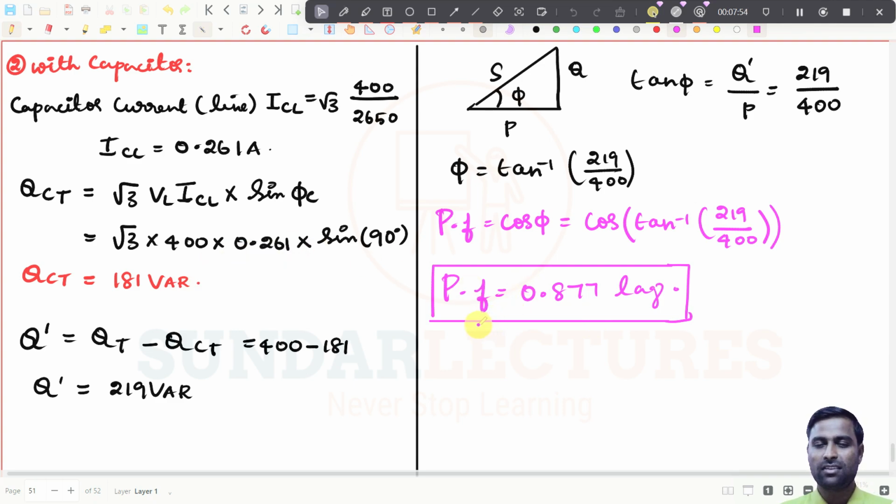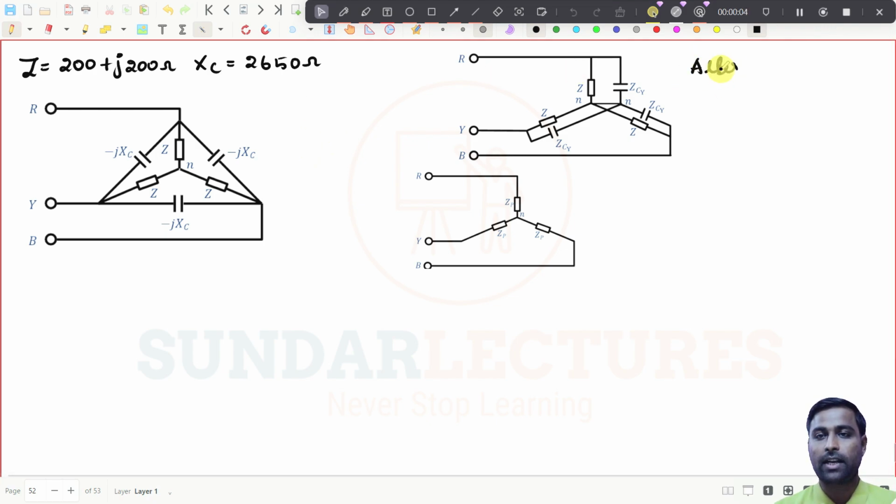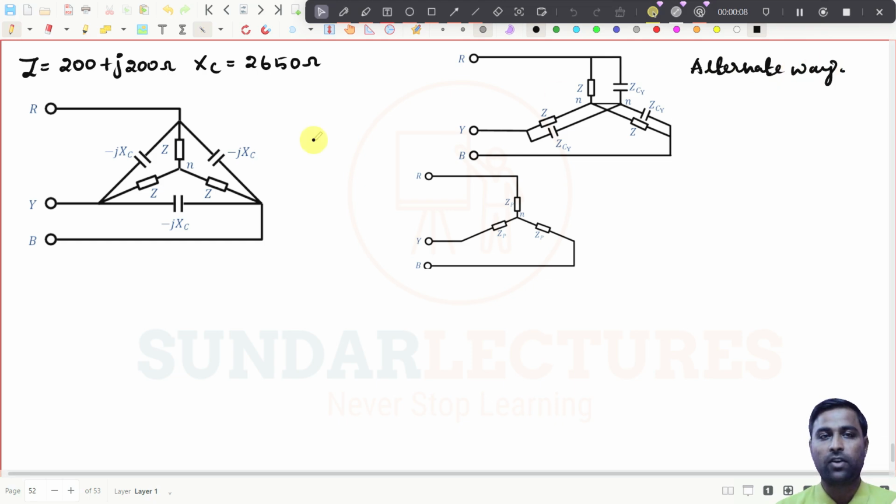So can we find it only by this way? I can also find it in another way. It is an easy procedure to find the power factor if capacitors are added. See, this is the alternate way to solve the same problem they have given you.